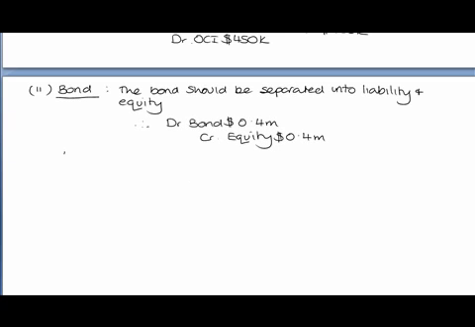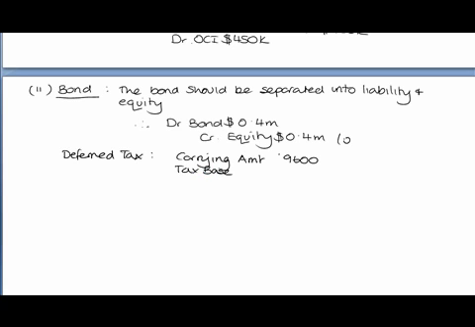If we now look at the deferred tax on the bond, what's the carrying amount of our liability? The carrying amount is 9.6 million. What's the tax base?